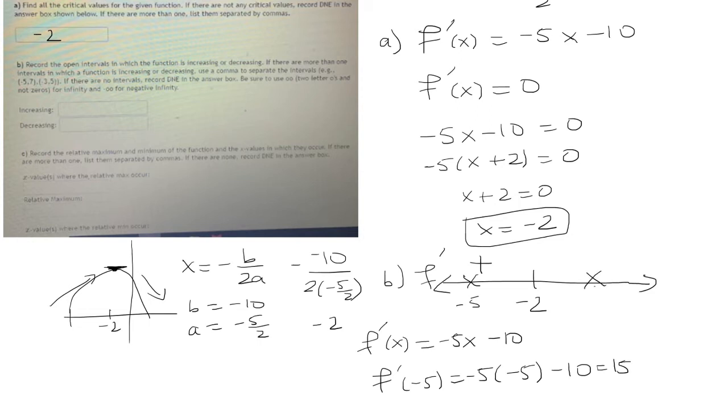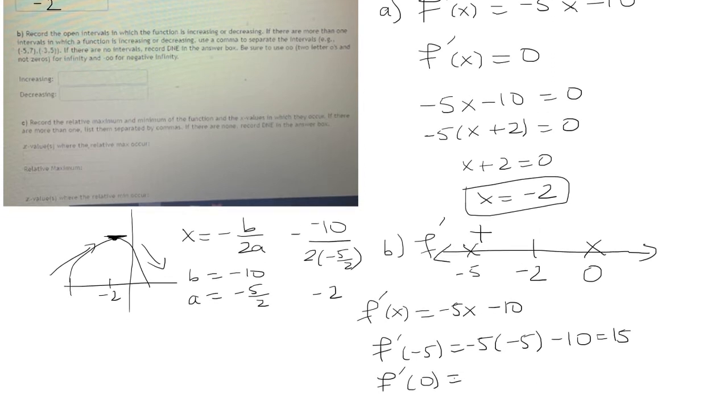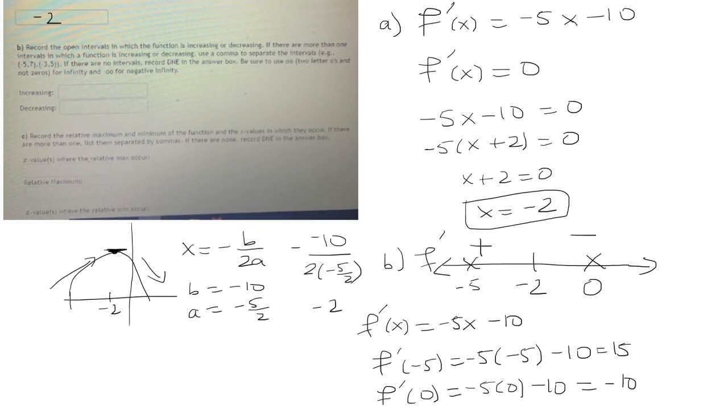If I pick a number to the right of negative 2, let's say 0, if I plug in f prime of 0, I get negative 5 times 0 minus 10, and that's negative. Okay, so the derivative is negative. Now, what does that mean about being increasing and decreasing? Well, if the derivative is positive, it's increasing. If the derivative is negative, it's decreasing.